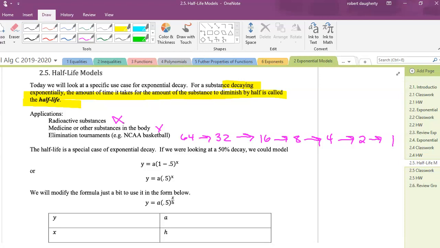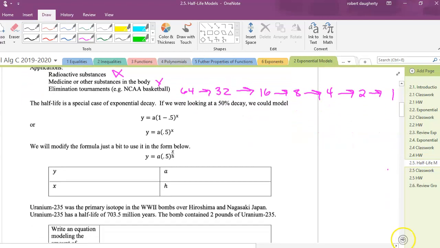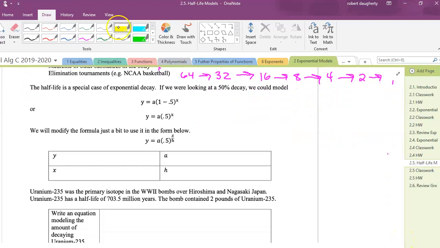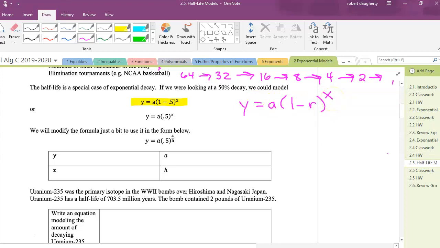So let's look at this specific case. You recognize this, that is exponential decay. If I said, write an exponential model for something decaying by 50%, remember in the last unit, our lesson was y equals a times (1 minus r) to the x, where r is the rate.